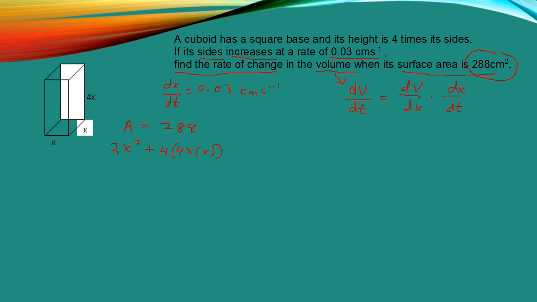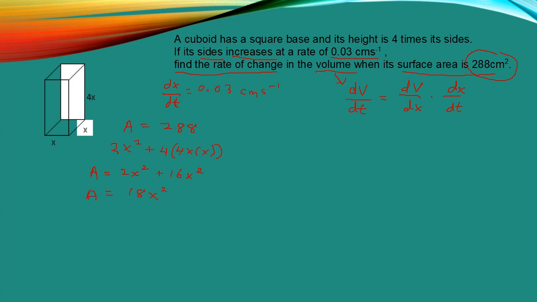So the area formula will be equal to 2x square plus 4 multiplied by 4, 16x square. So formula for area is 18x square.